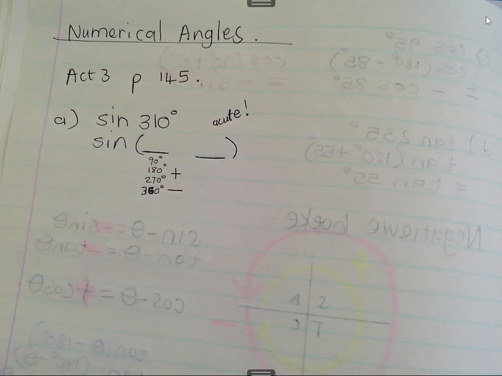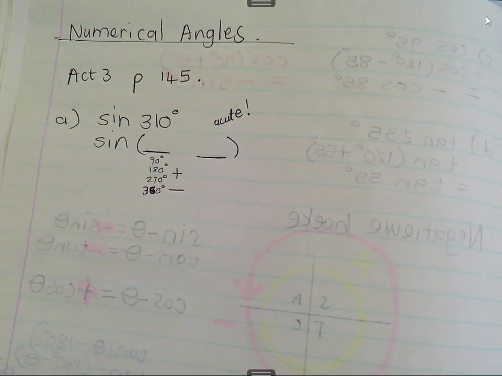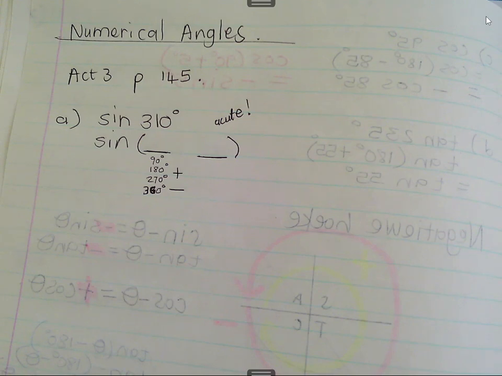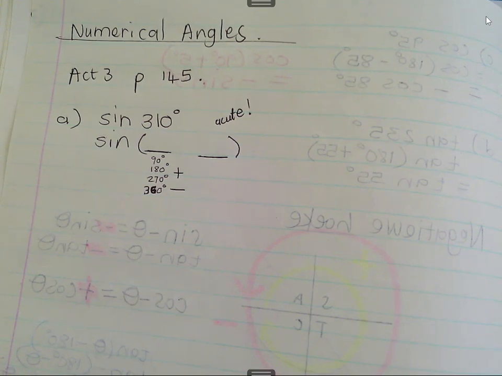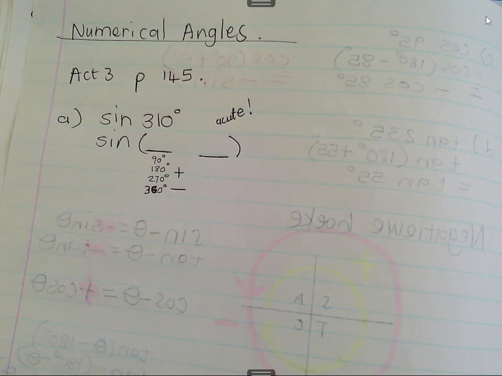Now, I want to beg you to not use 90 or 270 unless it's really necessary. You will see the place where it's necessary. We'll get to those sums.